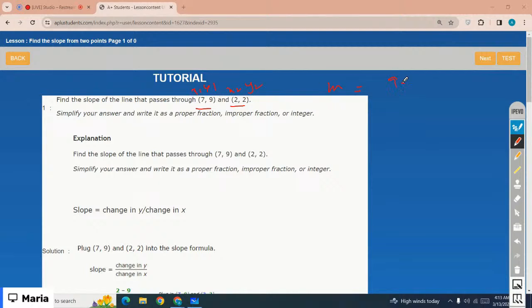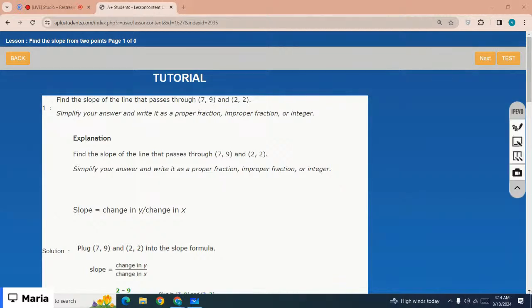You have to do 9 minus 2 divided by 7 minus 2. 9 minus 2 is 7, 7 minus 2 is 5. So that is 7 divided by 5. So the slope is 7 over 5.